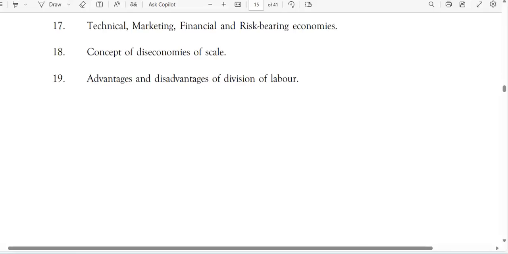Another disadvantage of division of labor is lack of flexibility. Workers only know one part of the business, so if one person is absent, the work may slow down because workers only focus on what they are good at. So if you're good at baking, you only do baking.